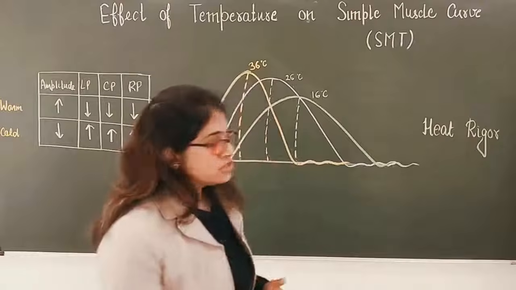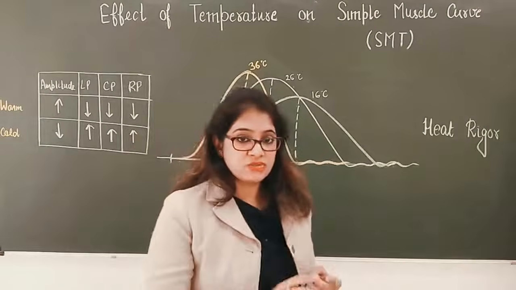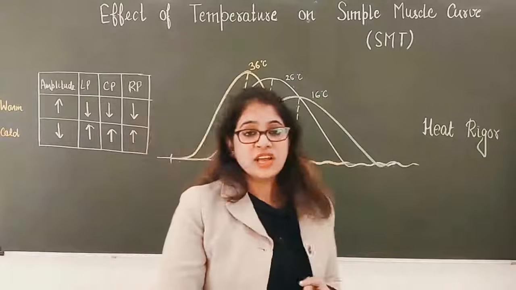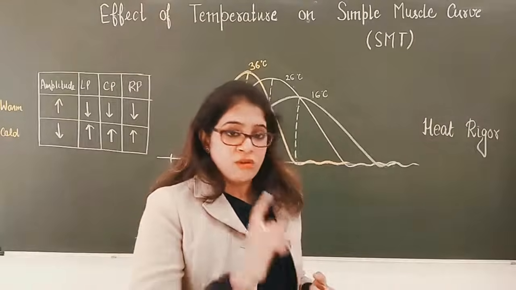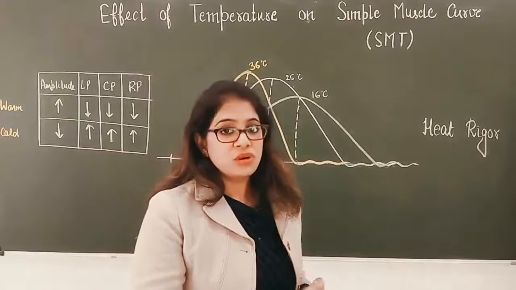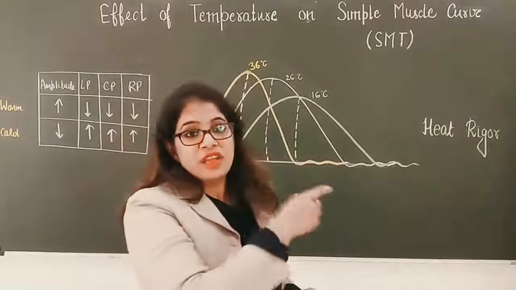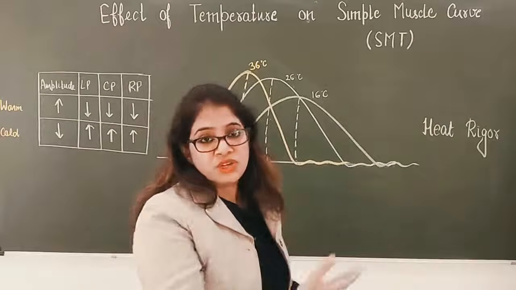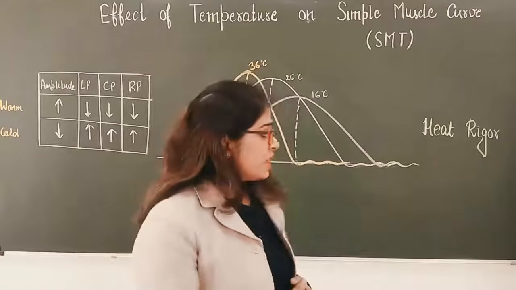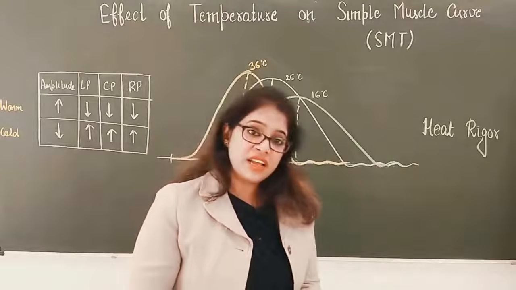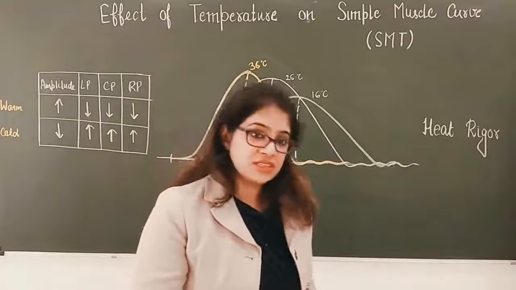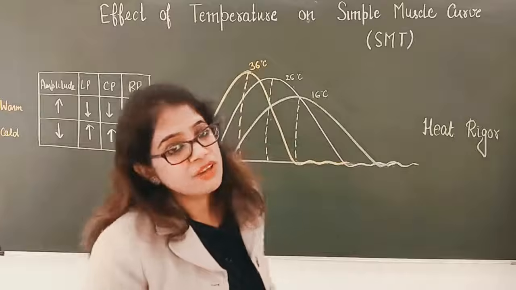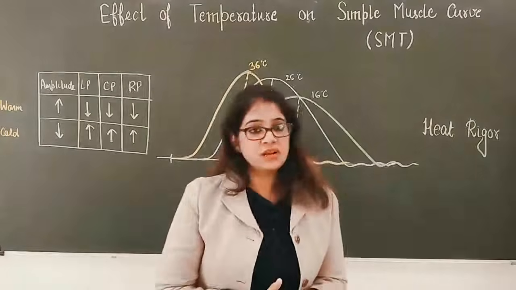These are all questions your examiner may ask. The most important question: identify the graph. Then why does this occur? What is the cause for the raising of the graph, and what is the cause for the change in duration of different phases? And then he may ask you what is heat rigor, and rigor mortis. So this is all about the effect of temperature on the simple muscle curve.